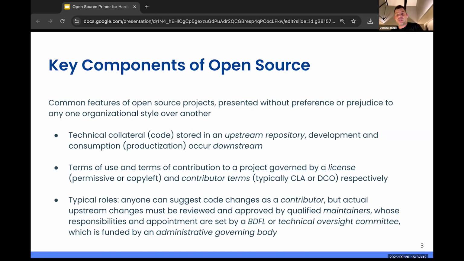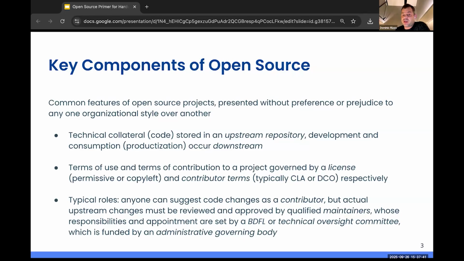There are some key components of open source that tend to be broadly shared. This is almost like a set of definitions. Typically there is some kind of technical collateral, often code, that is stored in an upstream repository, which is often different from where development and consumption, or you can call that productization, happen, which occurs downstream.